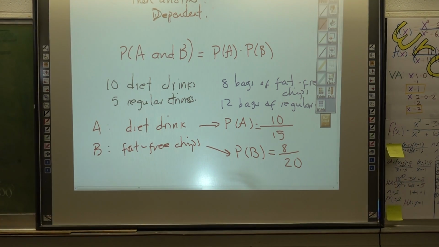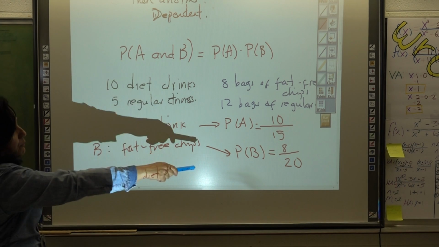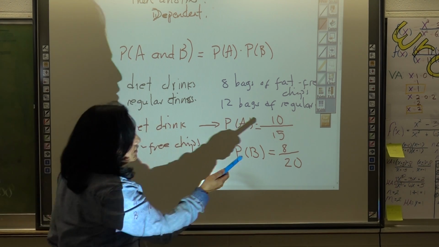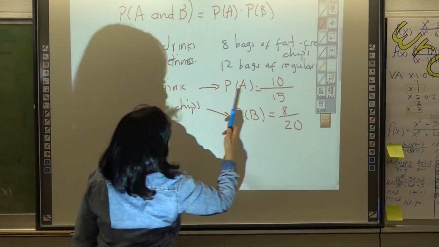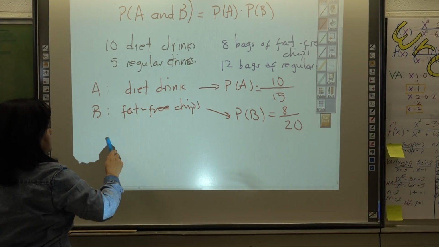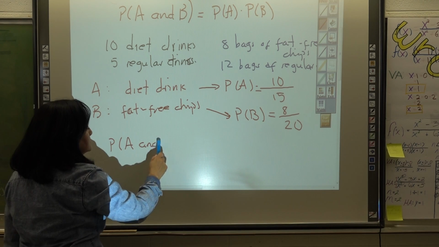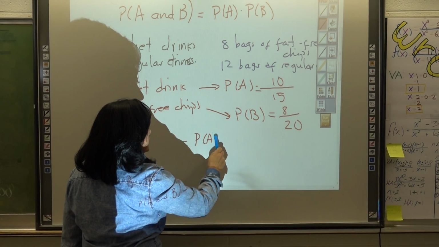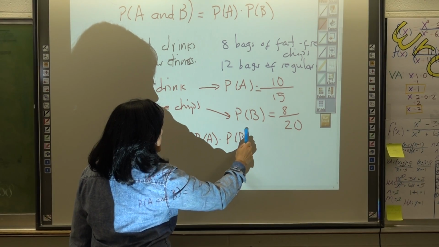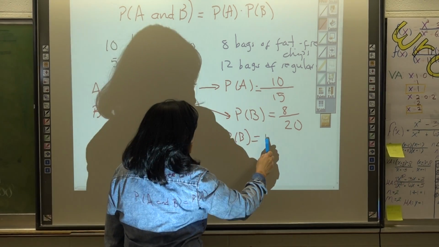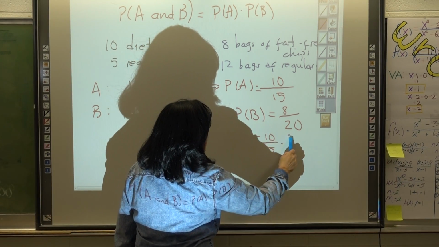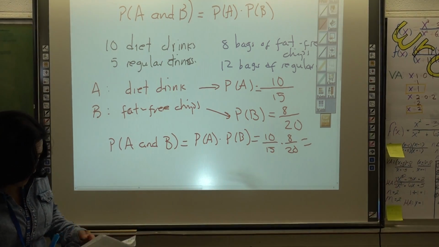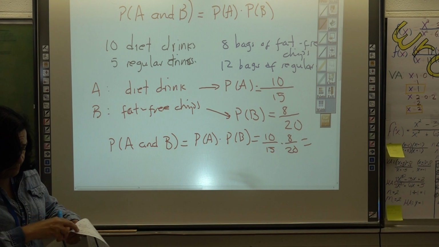So probability of A and B, according to the formula, is probability of A times probability of B, multiply these 2 things. And that's it. The answer is already in your notes. I'm not going to do all the work. You have it there.